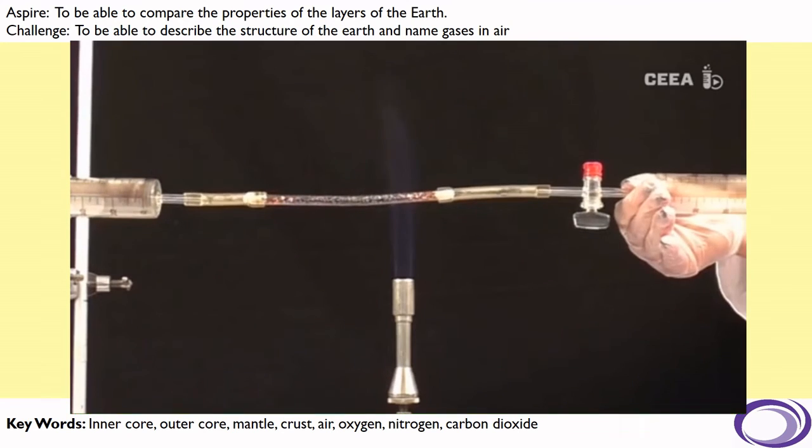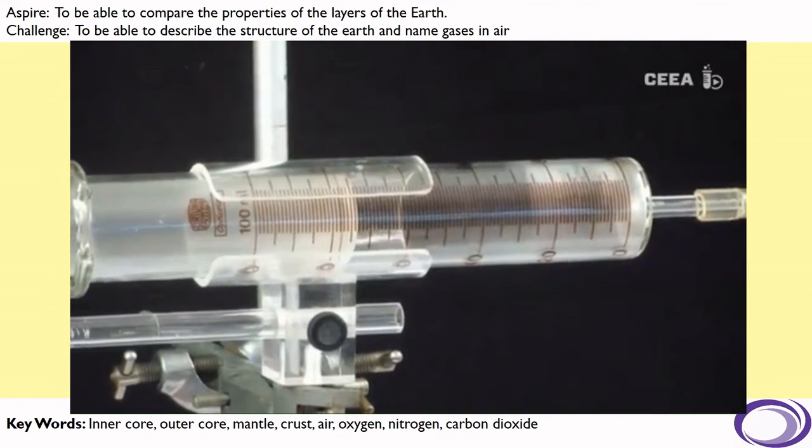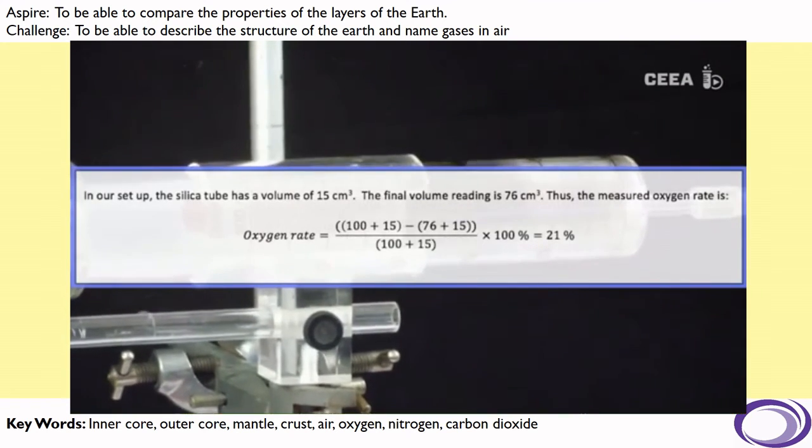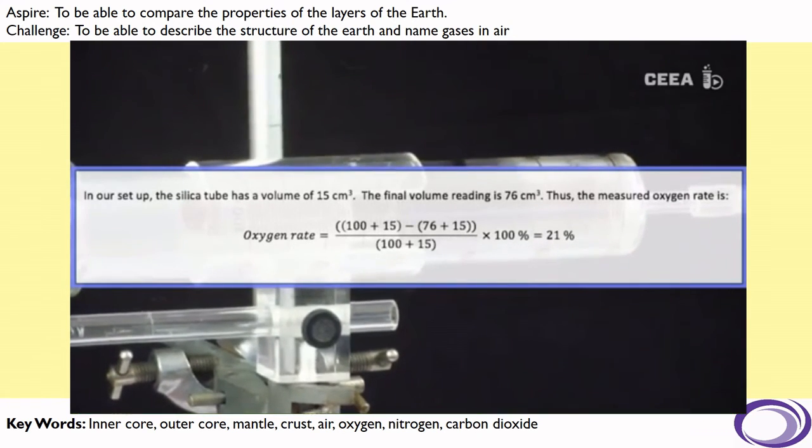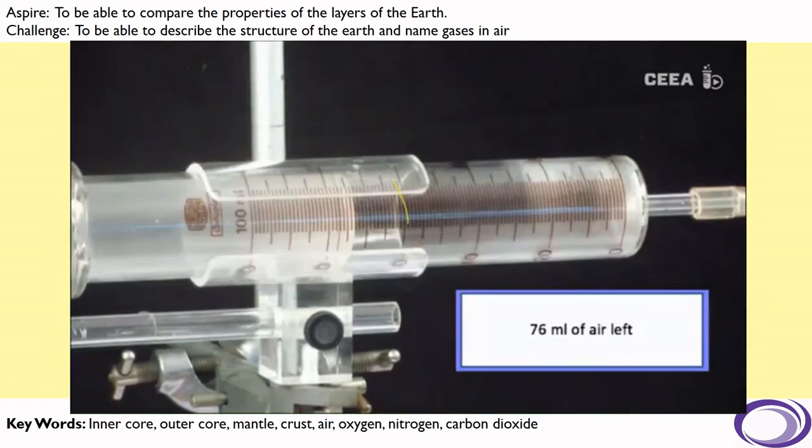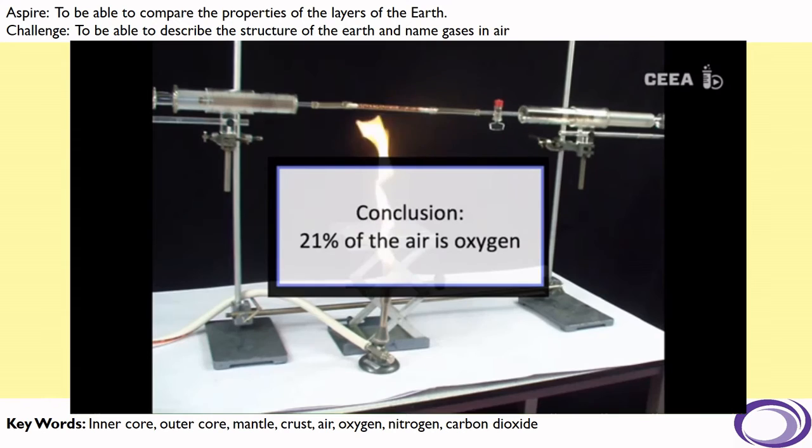At the end, we see a stabilization of the amount of air left in the syringes. The only gas in air that will react with copper is oxygen, so we can conclude that 21% of the air is oxygen.